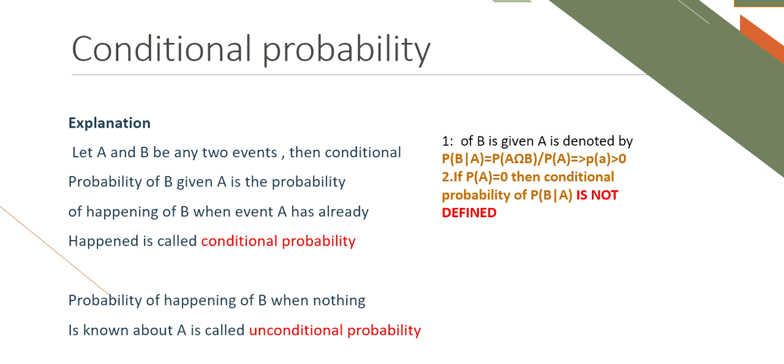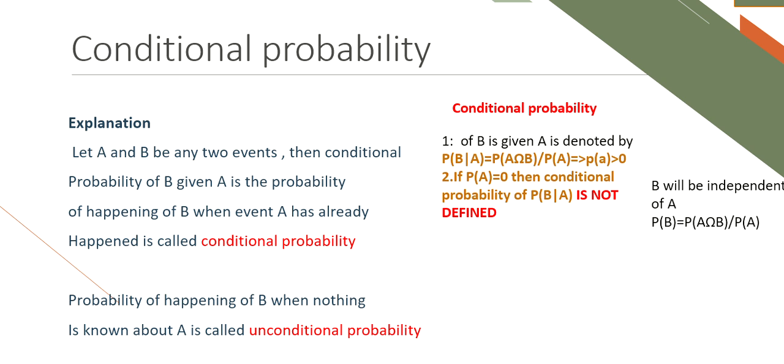So that we call a conditional probability. Under conditional probability, there are two cases: probability of A greater than 0, and equal to 0. In a problem, if they give one A and one B, then we can solve. If B is given and A is not given, you cannot solve. You can just directly write it as not defined.